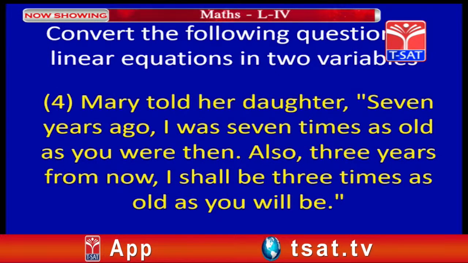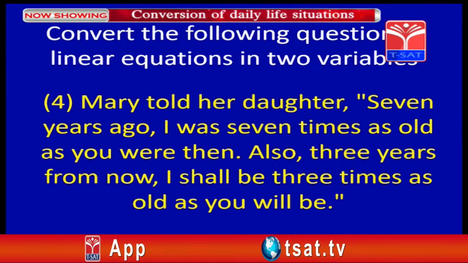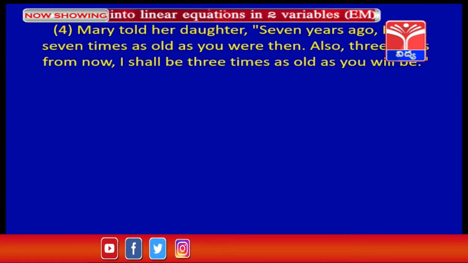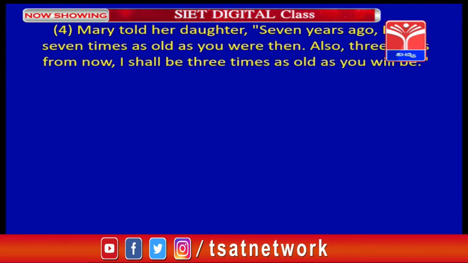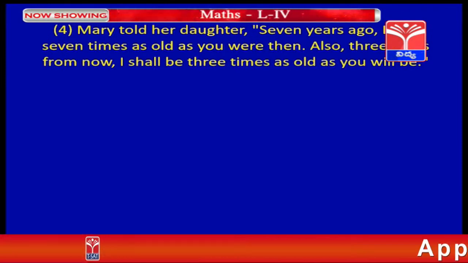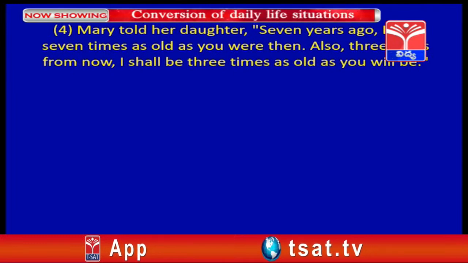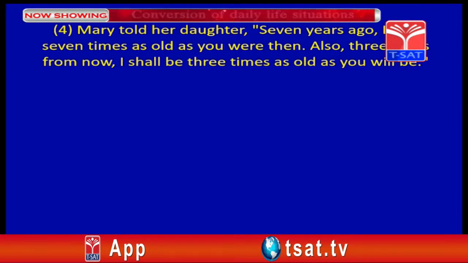In this question also there are 2 cases. Okay. Now let us discuss the solution. Now tell me, how many unknown quantities are there in the given question? Very good. There are 2 unknown quantities.